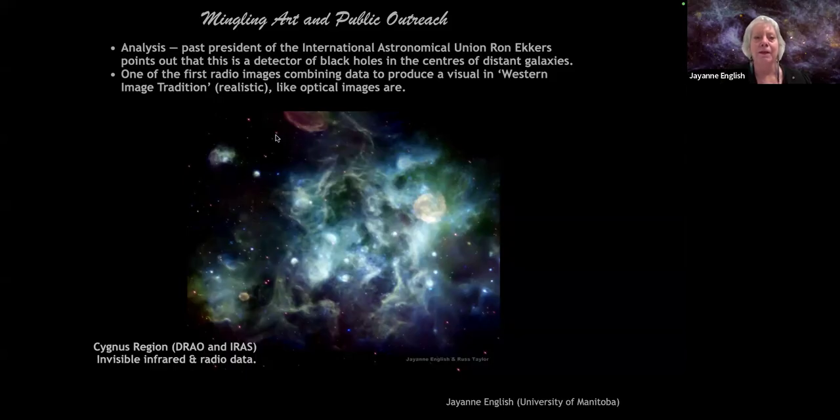They show synchrotron radiation, and the synchrotron radiation is due to electrons spiraling in the magnetic fields that are in the jets coming out of the black holes in the center of galaxies. This is also one of the first images from radio that was created in Western image tradition.